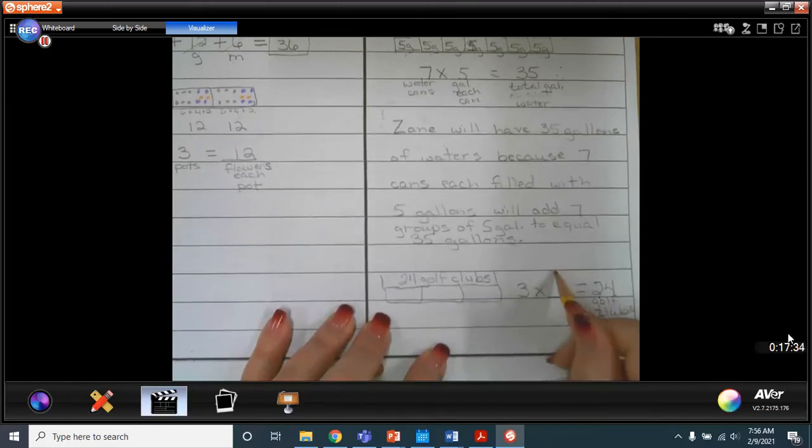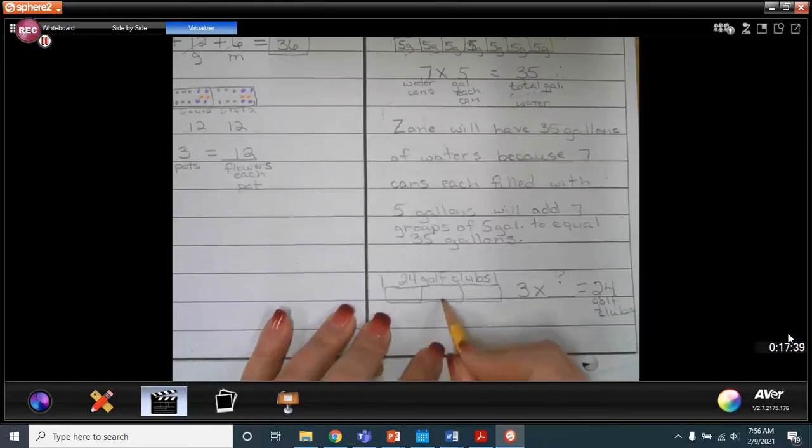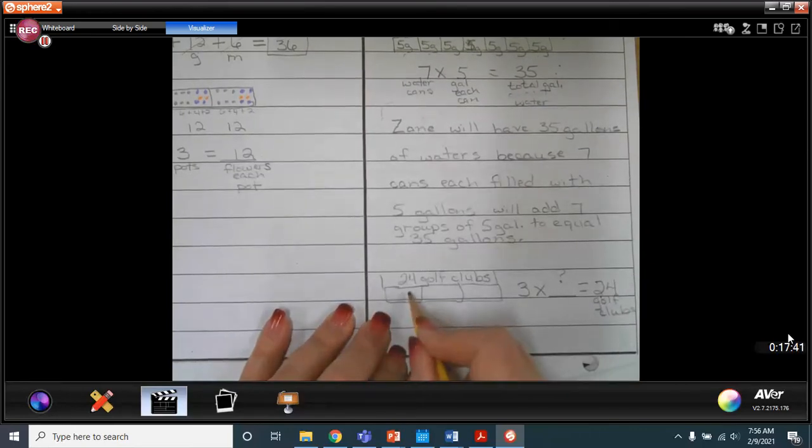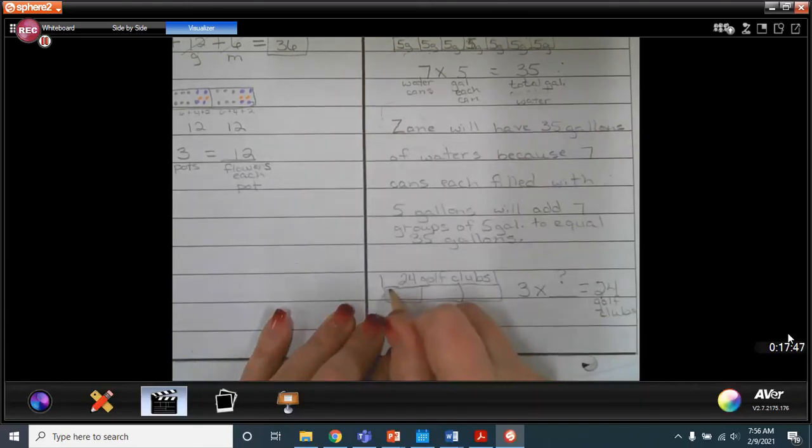So if I knew my multiplication tables really well, I should be able to say, oh, I already know that there are going to be 8 in each one of these bags. But if I didn't know, I could just go ahead and start putting 1 in each.